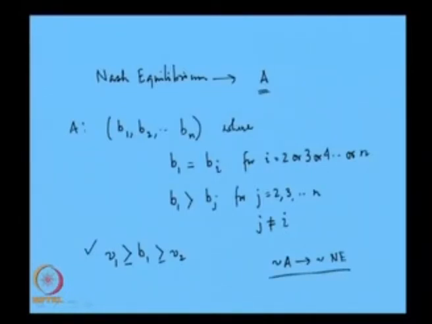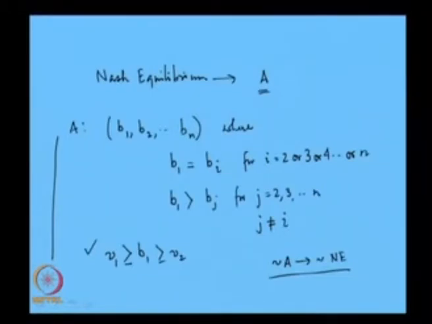That is, if I do not have satisfaction of A, then I do not have Nash equilibrium. That will guarantee me that Nash equilibrium implies A. This comes from the fundamental mathematical logic that if A is sufficient for B, then B is necessary for A.